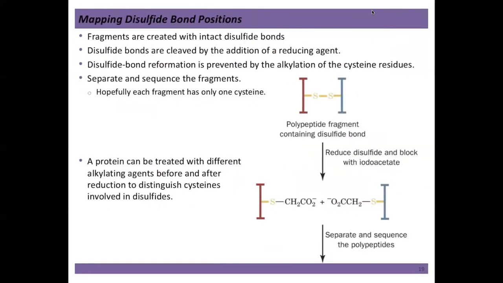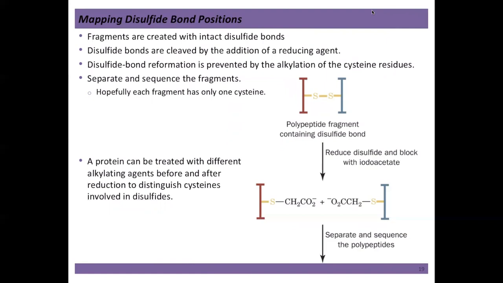So again, a lot of work. Now, in one of the first steps, we broke the disulfide bond because we didn't want that interfering when we sequence. Another step that you have to do once you figure out the sequence and where the cysteines are, like we saw back in insulin, they had 6 different cysteines, and you want to figure out who's connected to who. So another step is to actually keep the cysteines intact and then digest.